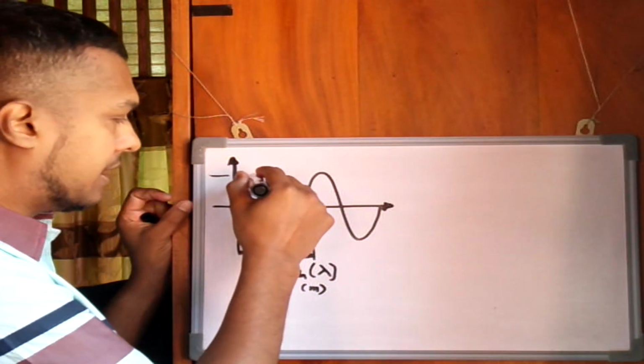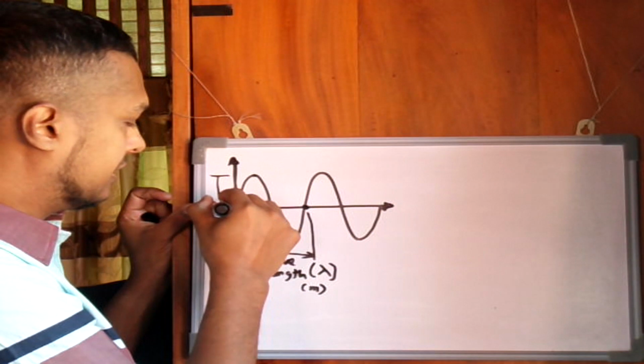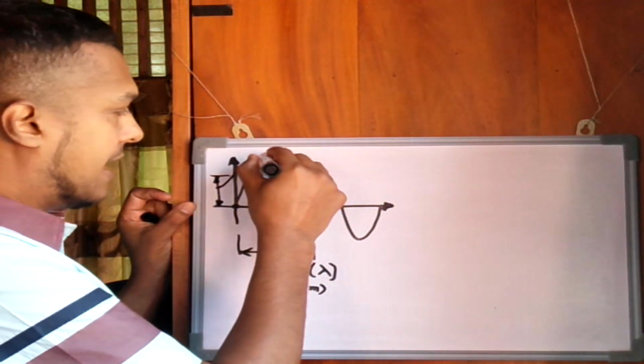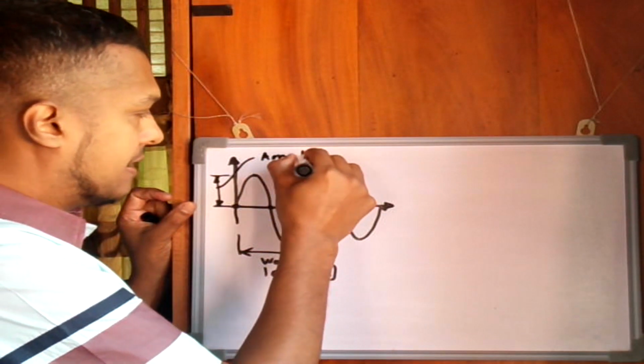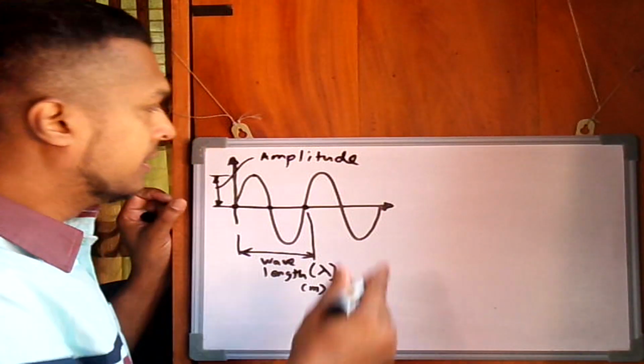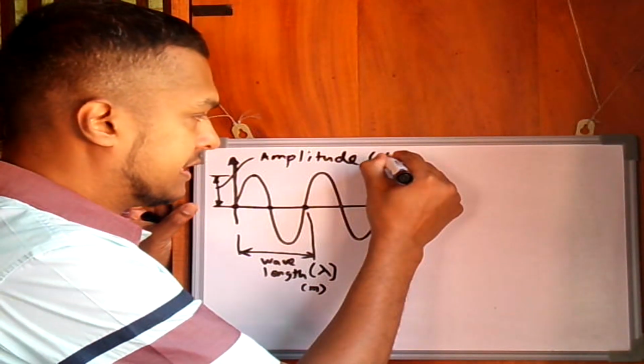So the maximum height is called amplitude. This is called amplitude. We learned all these before, but this is just a revision. A.